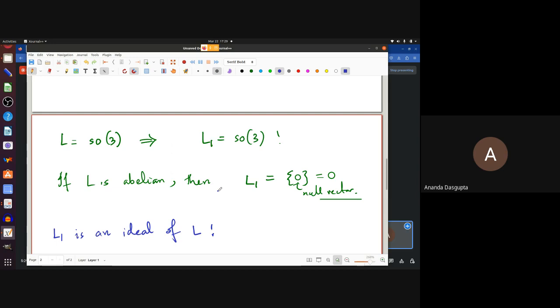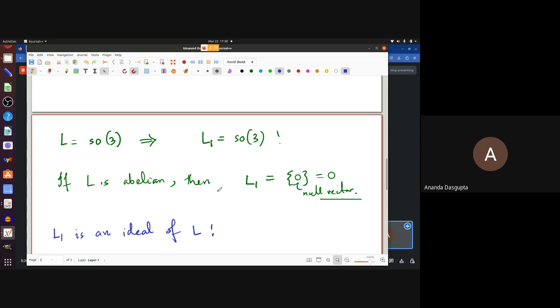Oh, sorry, it has to be a subspace. Yeah, it has to be a subalgebra. That should be sort of trivially obvious. First of all, is it a subspace? Here you don't even have to think of that, because the moment you say span, take all possible linear combinations, then you have at least ensured that whatever you have got is a vector subspace.